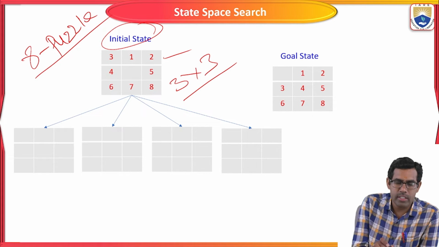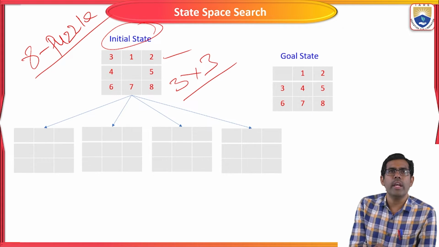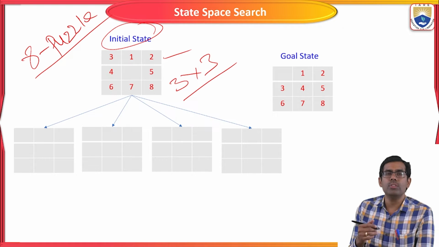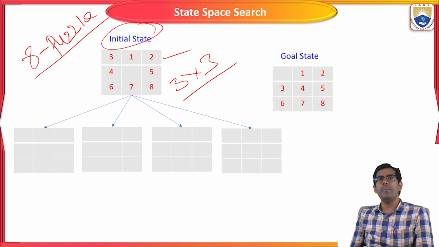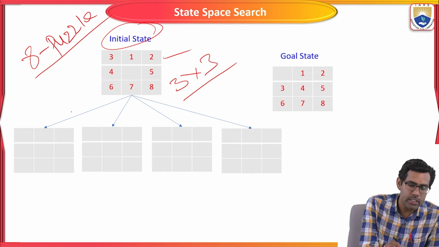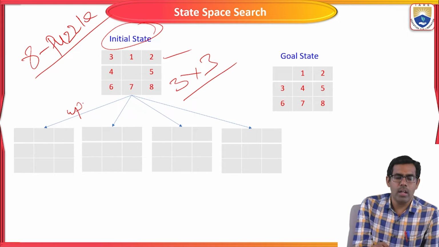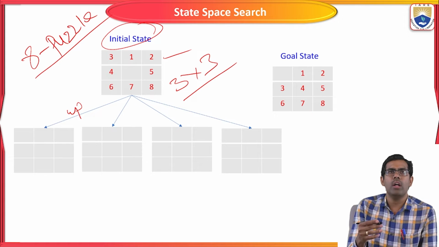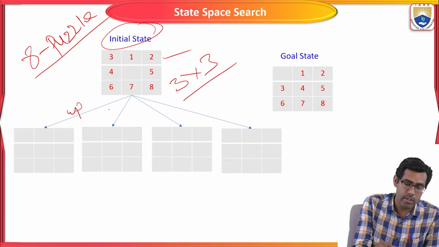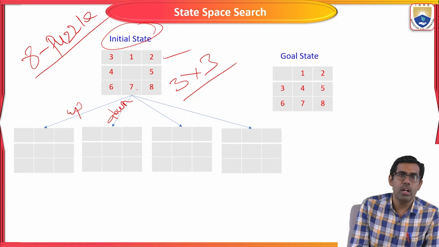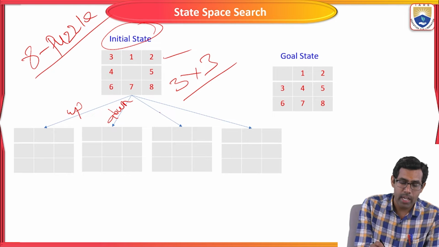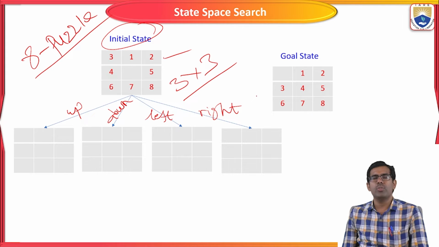So this is considered the initial state. Here I am going to perform some specific operations. We have a number of operations: we have to move upwards or downwards, left, or right.